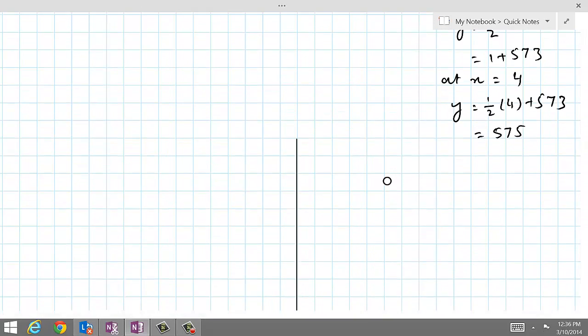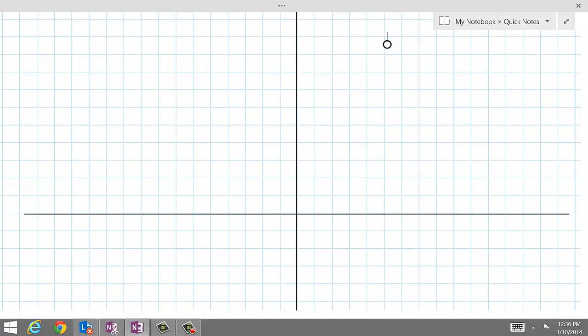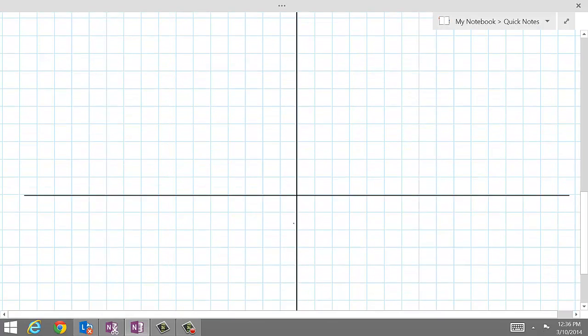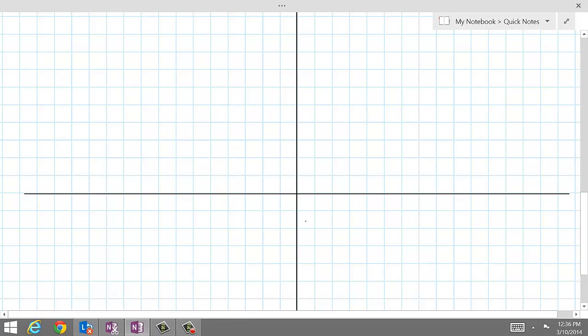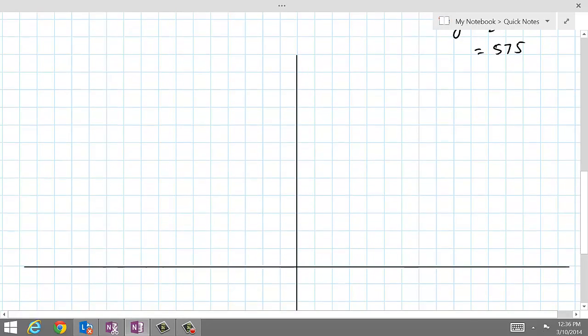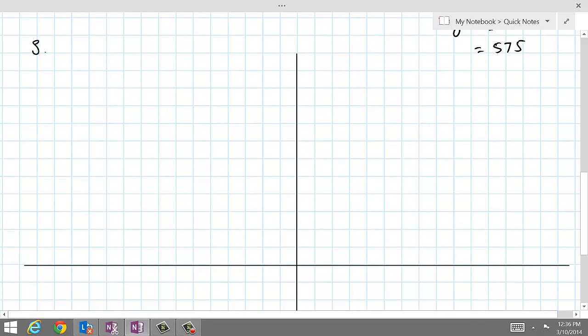So now if we want to write down the scale, it's always a good idea to write down the scale. Scale is equal to, along x-axis, one small square is equal to 1 unit.